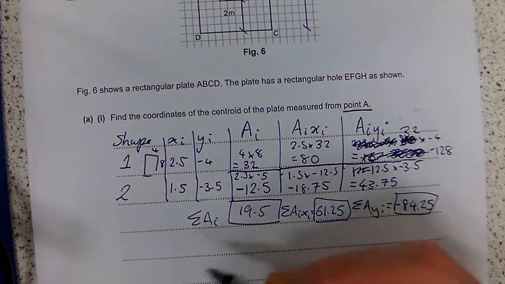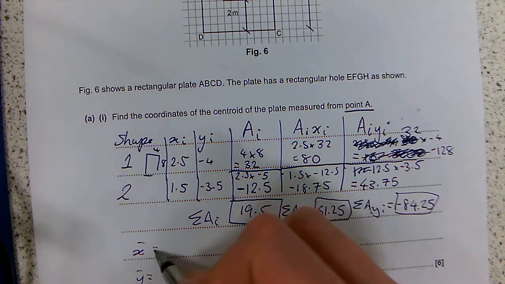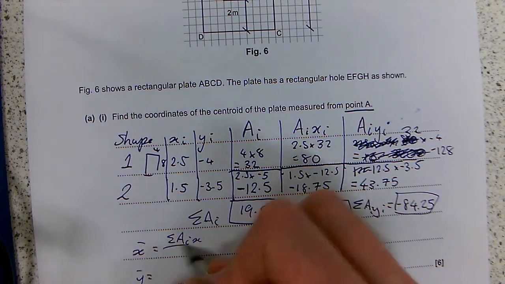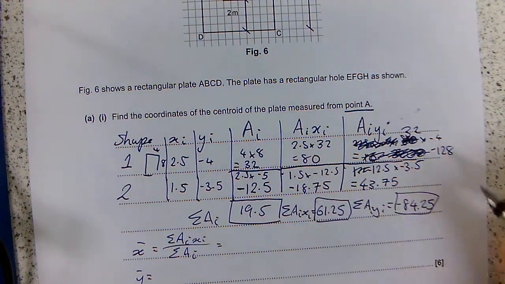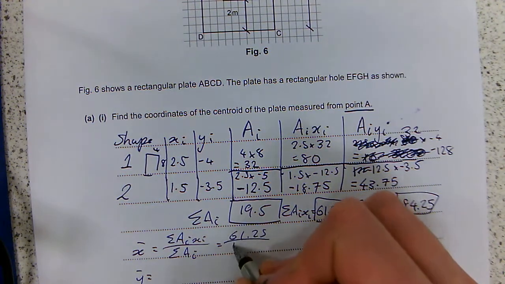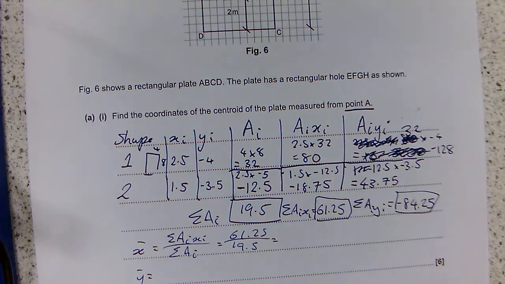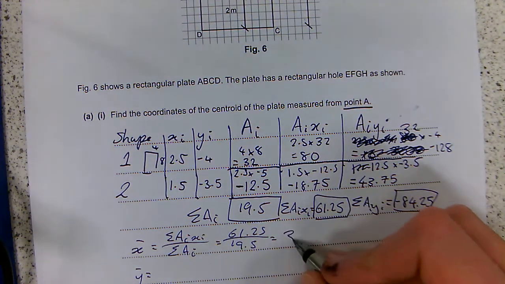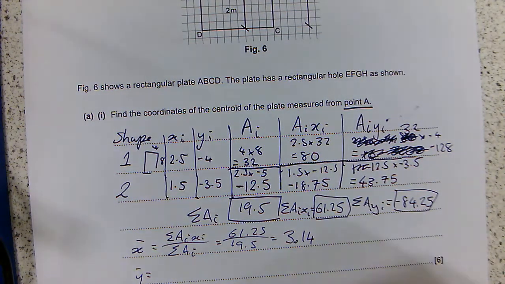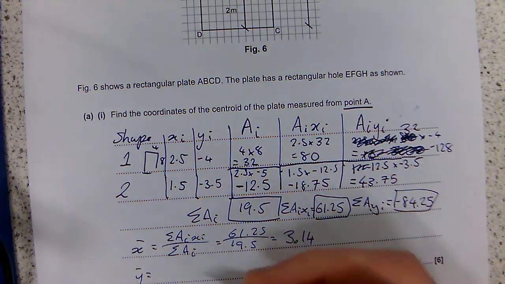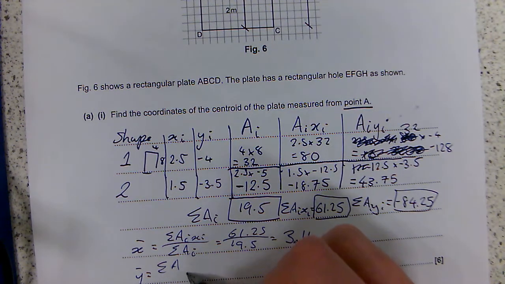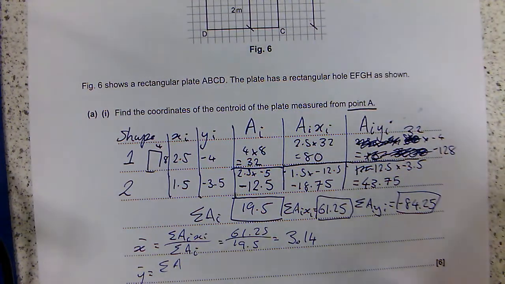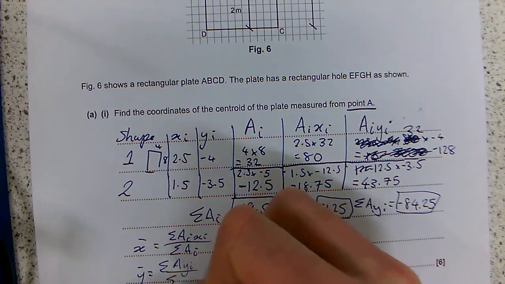Then our last step is we need to find our x centroid and our y centroid. Our x centroid is the sum of area times x divided by the total area. So that is 61.25 over 19.5, which is about 3.14. Then our y centroid is the sum of area times y over the total area.